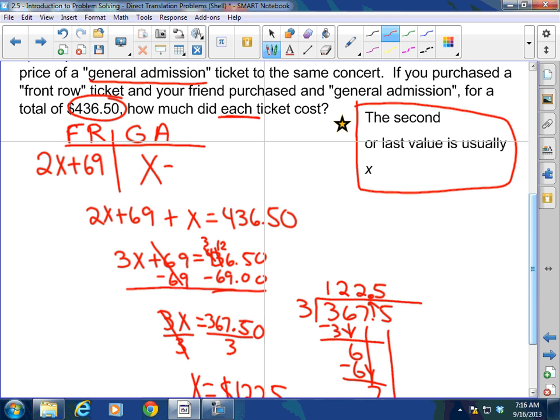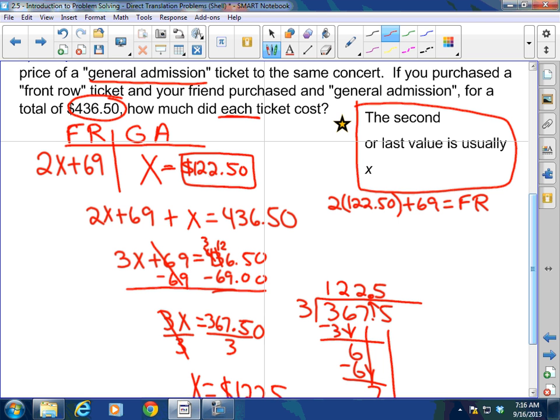General admission was $122.50. Now you've got to plug it in to find the front row. 2 times $122.50 plus $69 equals the front row. I just evaluated, plugging the x value into that x.